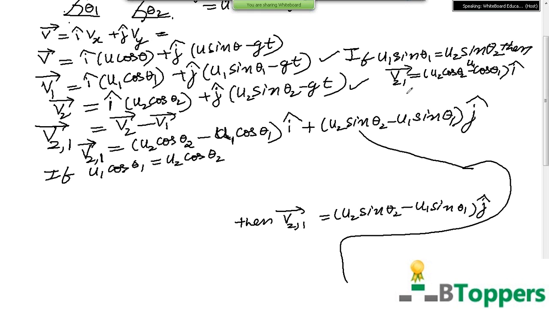And if the horizontal components of velocity of the two projectiles are equal, then the relative velocity of one projectile with respect to the other will act in the vertical direction. In case the vertical components of initial velocity of the two projectiles are equal, but the horizontal components of velocity are different, the path followed by one projectile relative to the other will be a horizontal line. Then the relative velocity between the two projectiles will be directed in the horizontal direction.